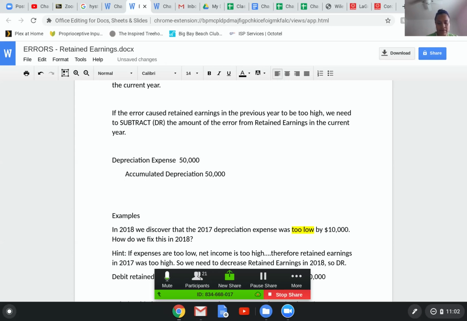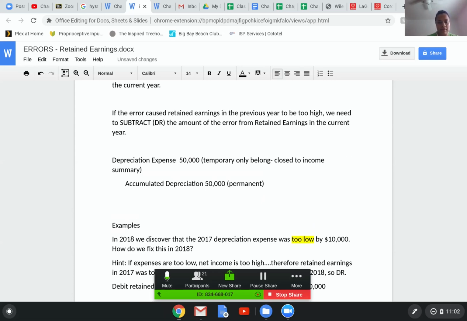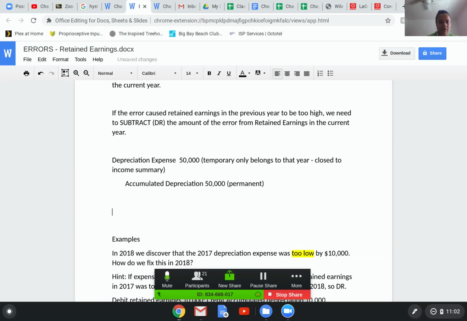This depreciation expense account is a temporary account that will get closed off. It gets closed to income summary, and eventually all of that goes to retained earnings. Retained earnings is a permanent account, right? The temporary account only belongs to that year. It gets closed off. So let's say this is what you did. This was the amount that you booked, but what you were supposed to do was this.